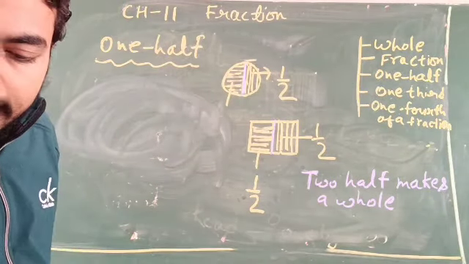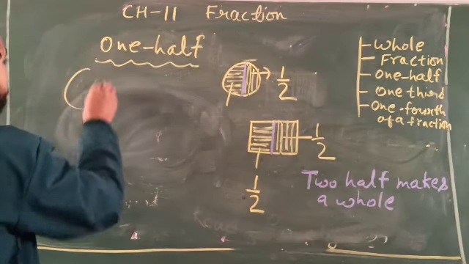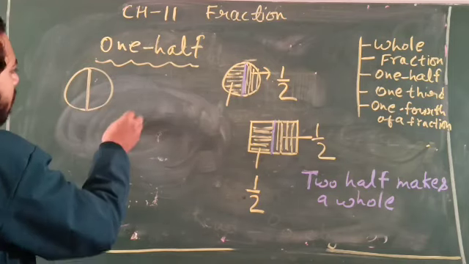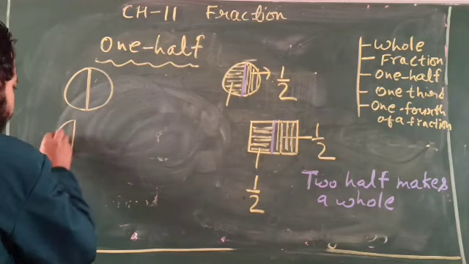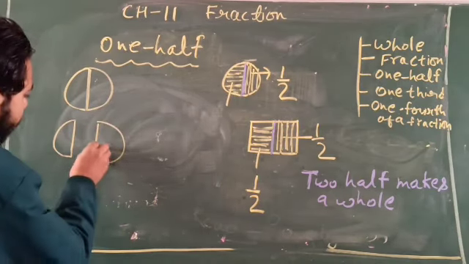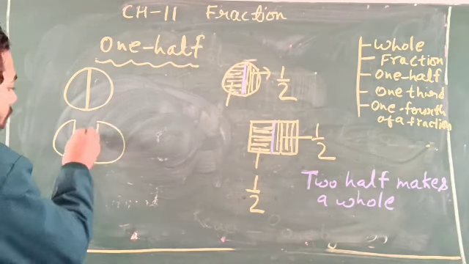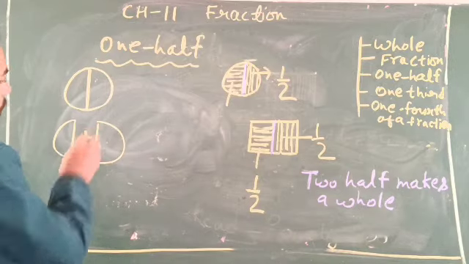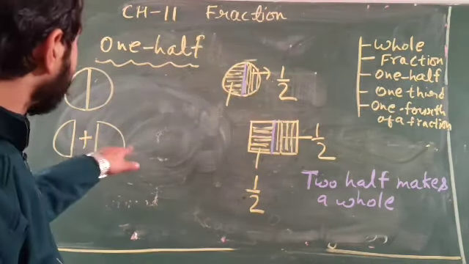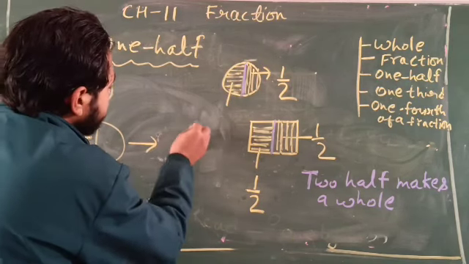Here we see that this circle is divided into 2 parts. Here is the first part and here is the second part. When we join these 2 parts again, we get the same circle.